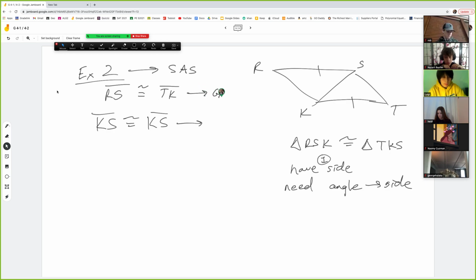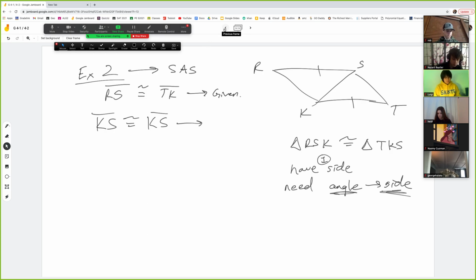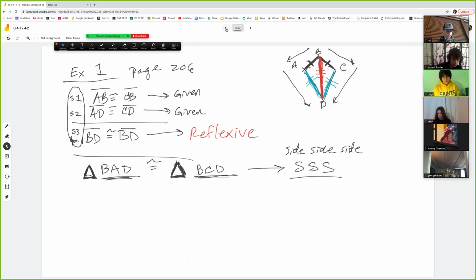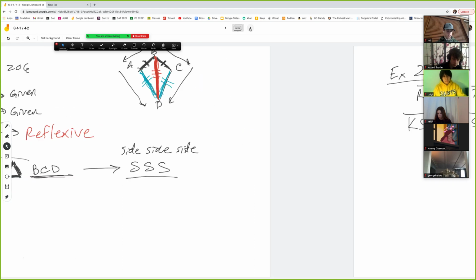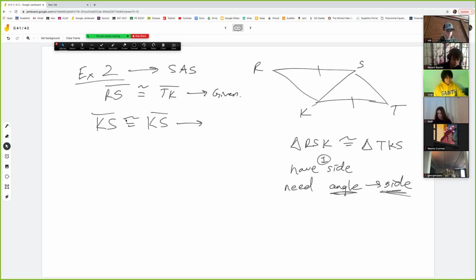That is given. But the second step is we need another line or an angle. We need an angle and we need a side. So another side is KS is congruent to KS. And the question I'm asking you, Luigi, is why? How do we know that?